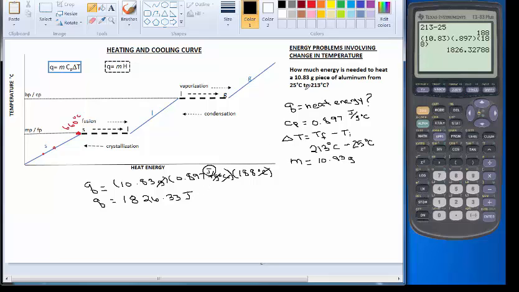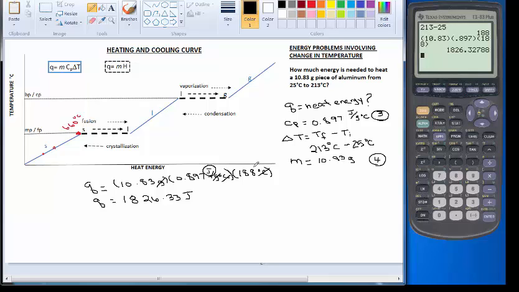If we go back to our problem to help us figure out the number of sig figs for our final answer, our mass has 4 significant figures. Our specific heat capacity, which was given to us, has 3 significant figures. Looking at our change in temperature, none of our numbers began with any decimals, so our final number does not have any decimals.